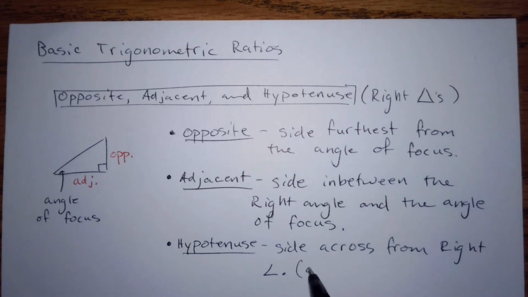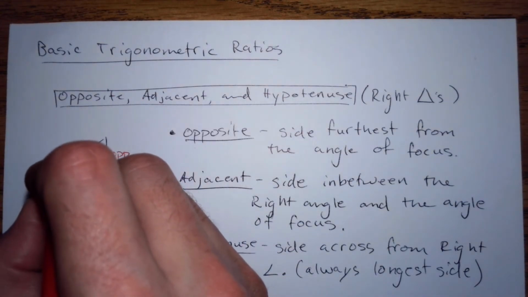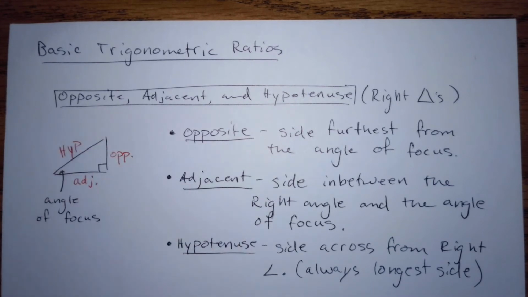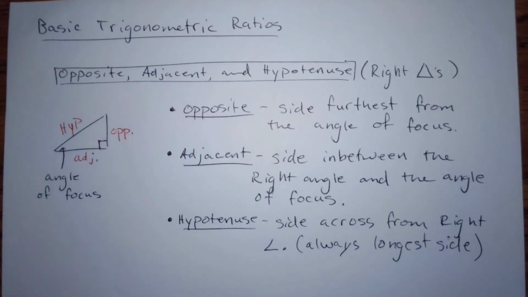And it's always the longest side. So that means this. And we'll say hypotenuse. So some people think about it as this right angle, it's an arrow and it points to the hypotenuse. That doesn't change ever. So we have all of that.